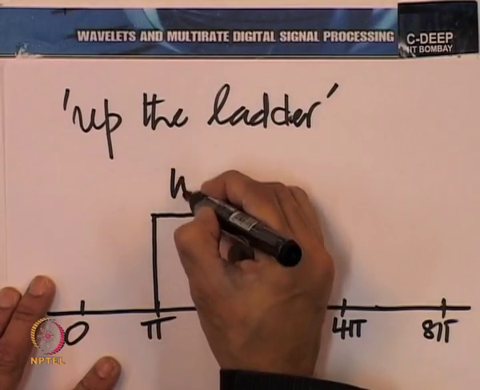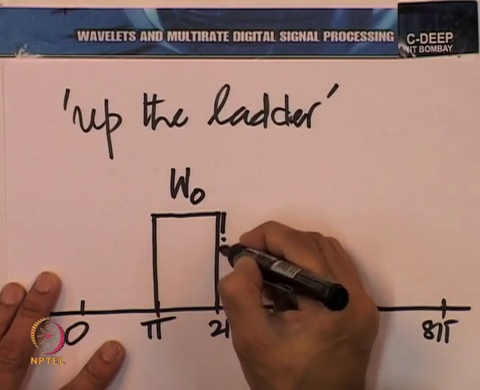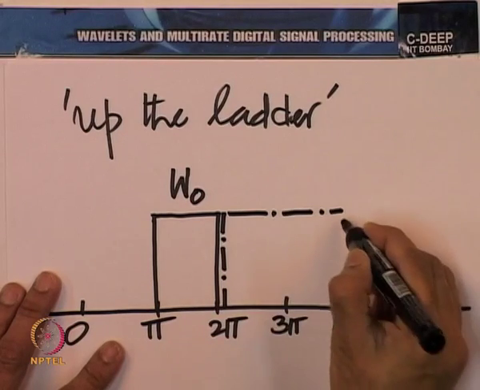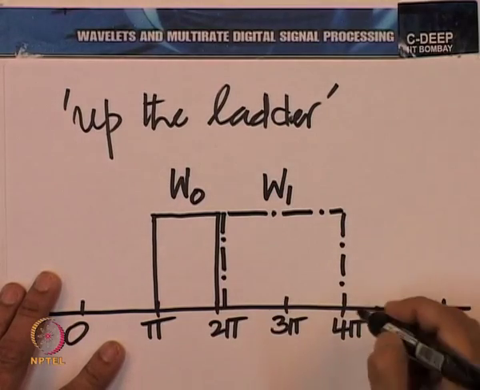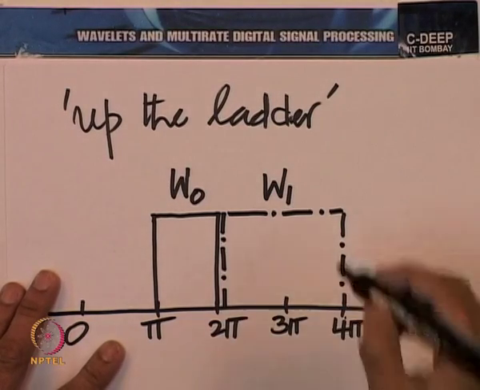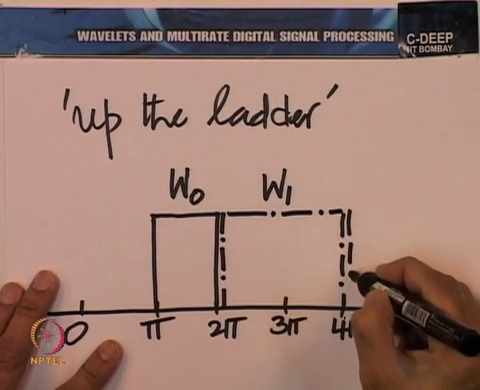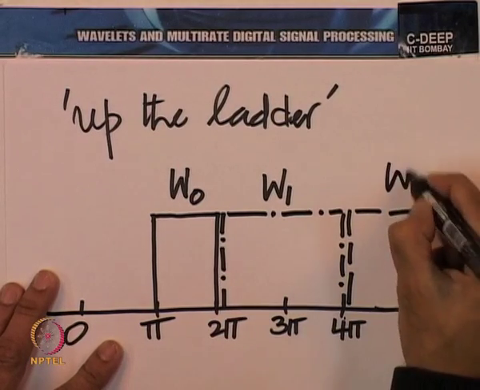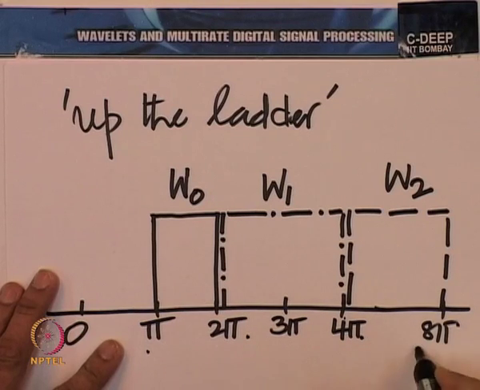This is W 0, W 1 will essentially take this from 2 pi to 4 pi. W 2 will cover 4 pi to 8 pi here. This is 8 pi, please note. Again, as I said, forgive my drawing, it is not quite proportional, but it is indicative. Pi here, 2 pi here, 4 pi there, 8 pi there.